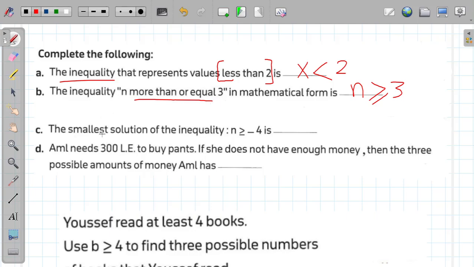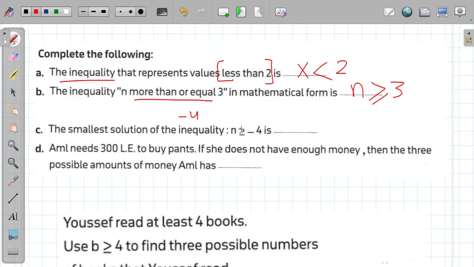Okay, next, the smallest solution of the inequality n more than or equal negative 4. Here the solutions start with negative 4, but is negative 4 the smallest one or the greatest one?